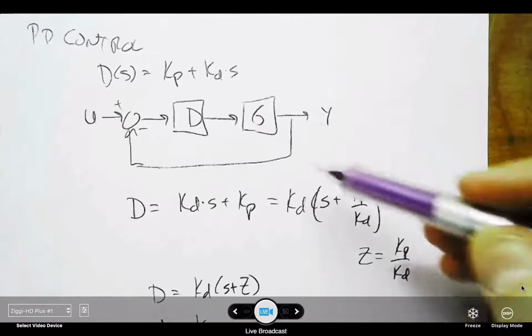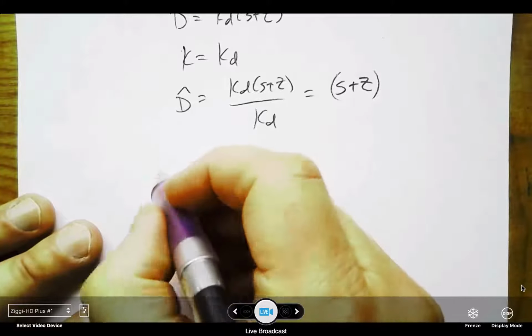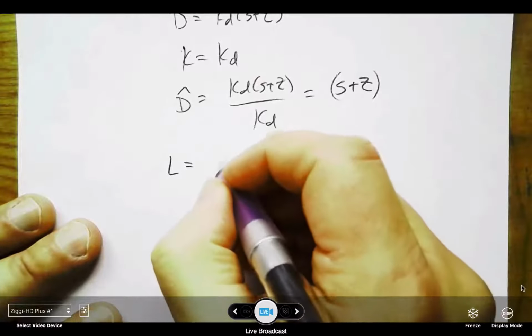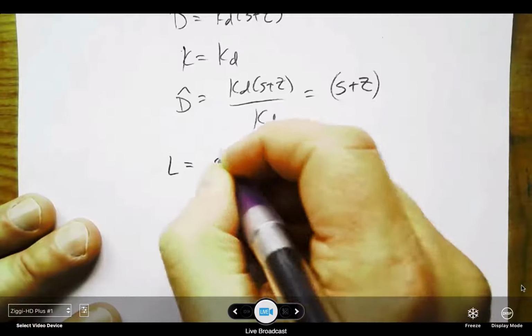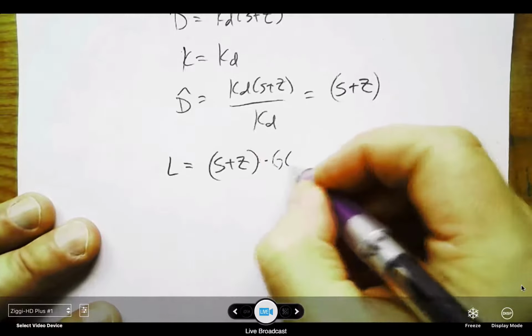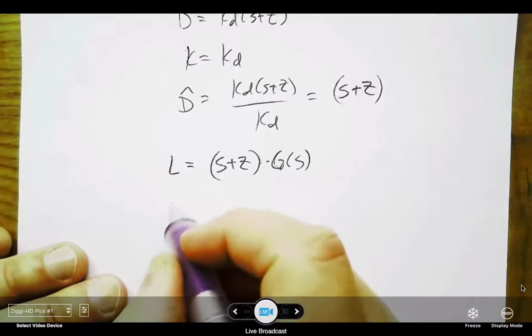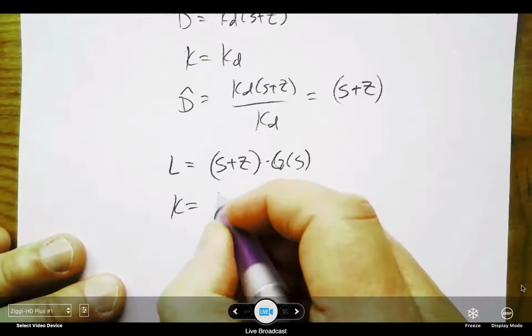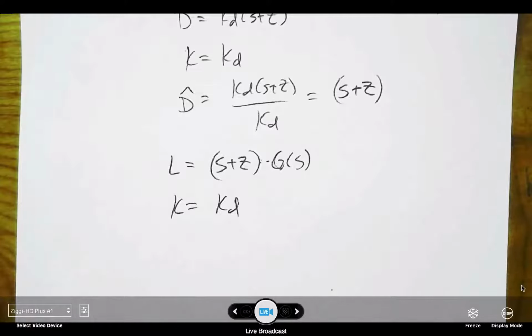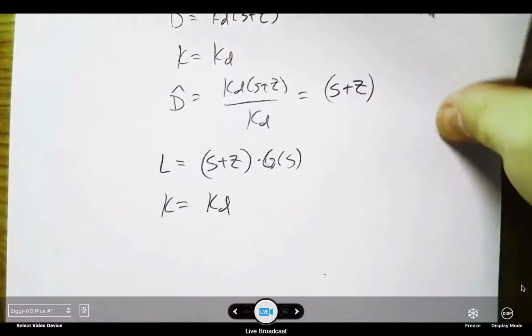So, assuming I had some transfer function that I know for G, in this case, then L would become S plus Z times whatever the transfer function for G is. And then my K is just Kd. And so we would be tracking the closed loop poles for this PD controller.